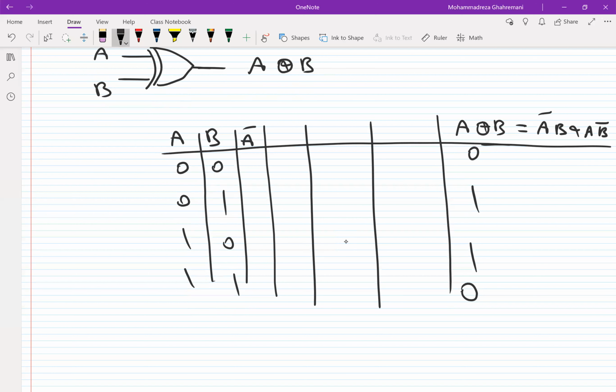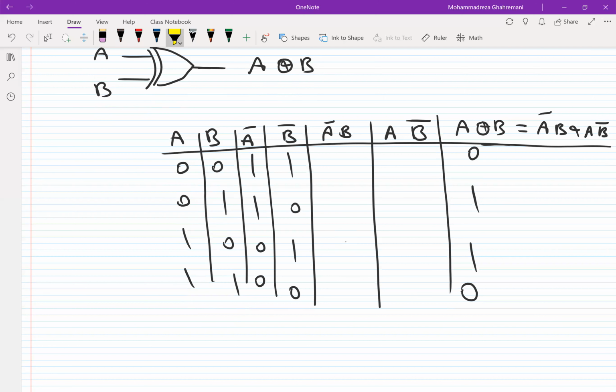So A bar, B bar, A bar B, and A B bar. Okay, let's find these values. A bar, third column: A bar is the complement of A, so it's 1, 1, 0, 0. B bar is 1, 0, 1, 0.